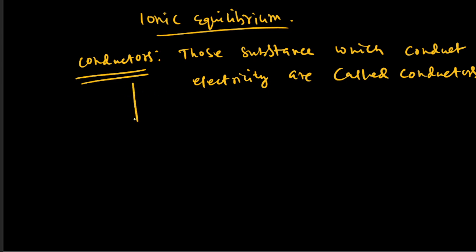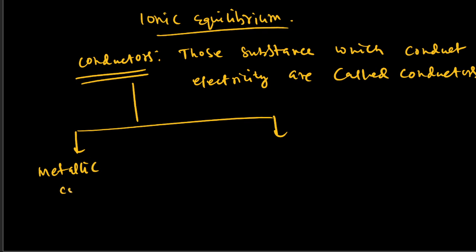Conductors can be classified into two types: metallic conductors and ionic conductors.